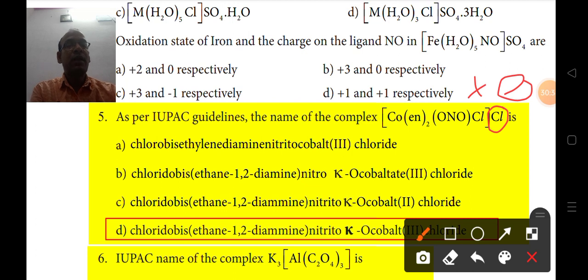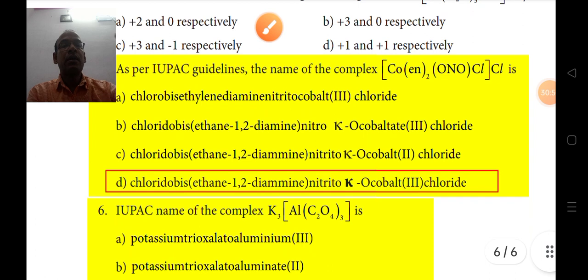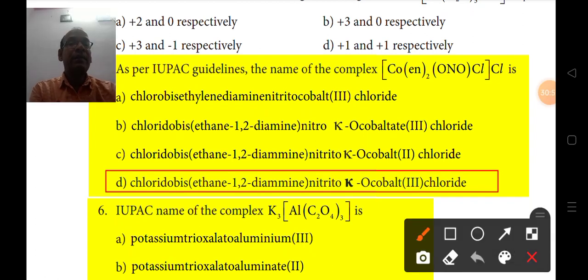Therefore this complex ion is a positive ion, that is, a cationic complex. A cationic complex does not end with -ate. Therefore option B is incorrect.